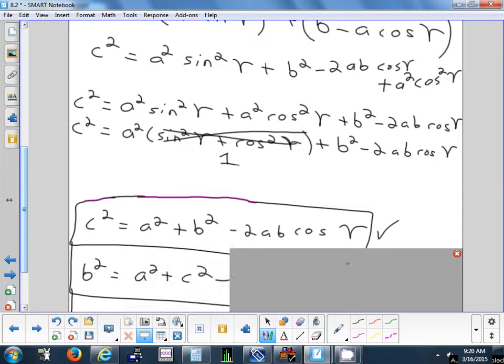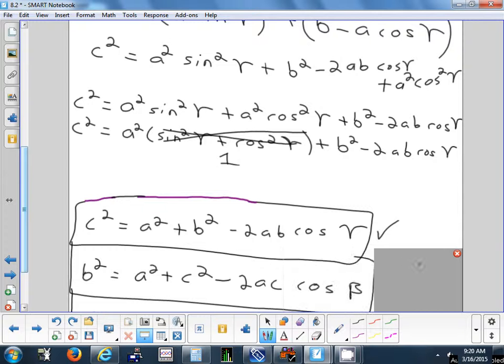Then would it be minus 2ac cosine beta? Yes, cosine beta. So the pattern is you take one letter squared, it equals the sum of the other 2 squared, minus twice the product of the 2 you just used, a and c, times the cosine of the angle that's across from the letter you started with.